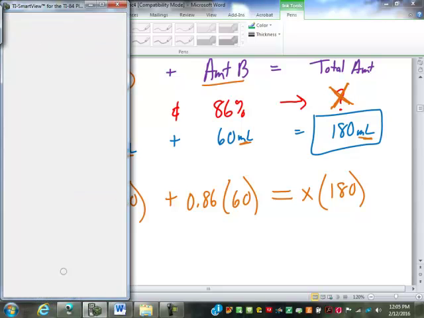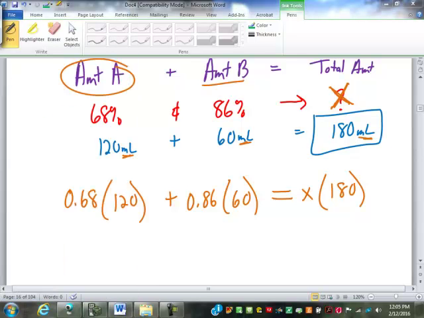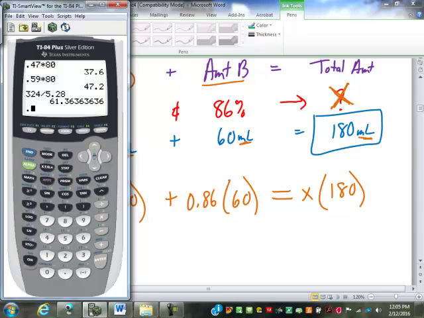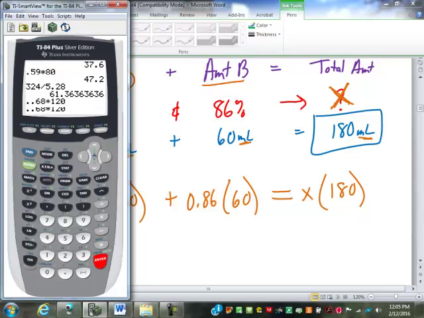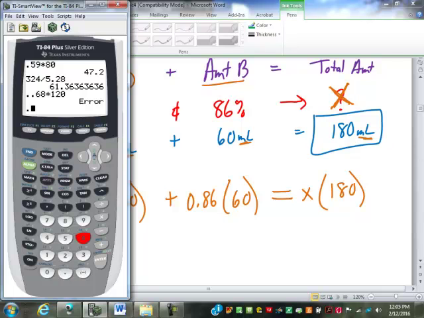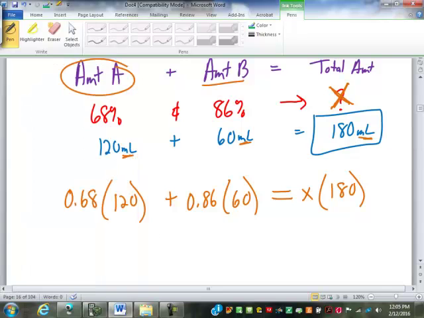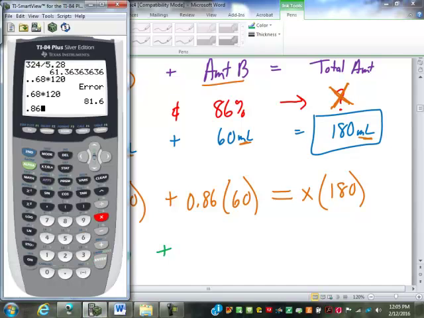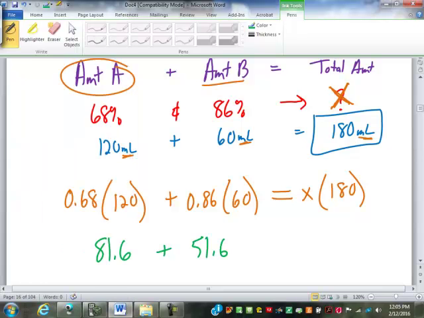So now here we've got 0.68 times 120. Let's try that again. 0.68 times 120 is 81.6 milliliters of serum in the first solution. 0.86 times 60 is 51.6 milliliters of serum in the second solution.